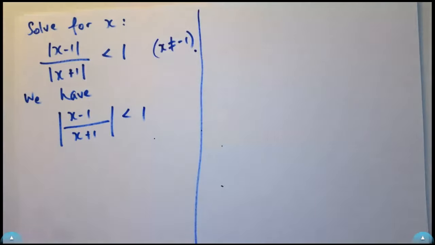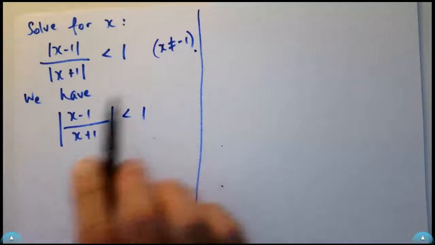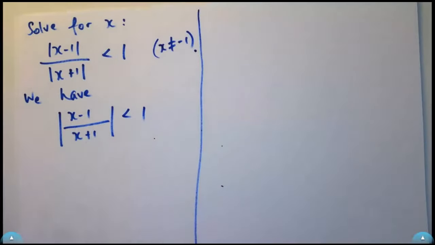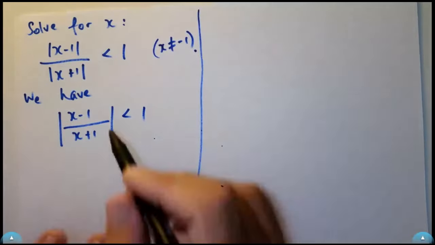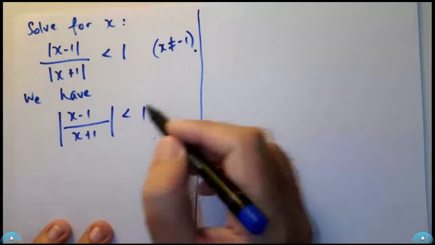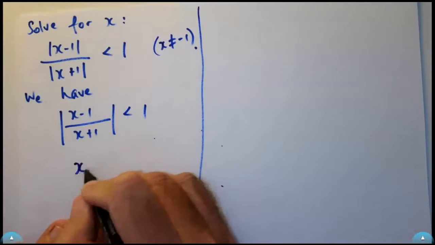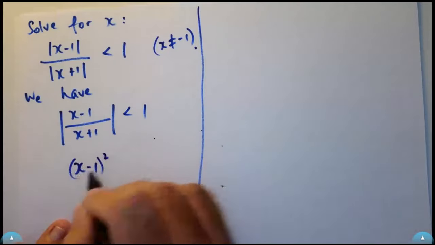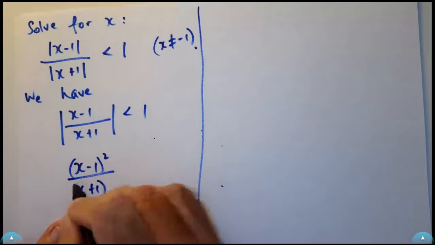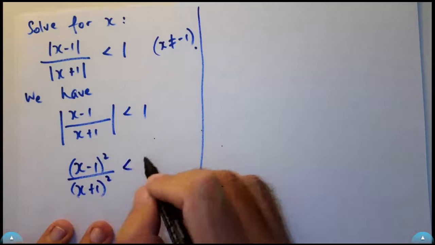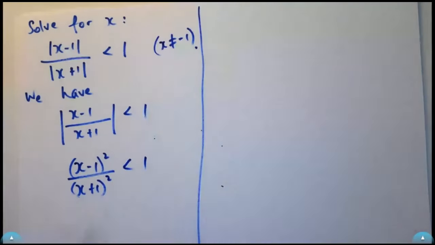Now I'll talk about absolute values in a minute if you're not too sure. What you can do is just square both sides, right? So if I square the left-hand side and the right-hand side, because this is positive, I can keep the same inequality. So I've squared the left-hand side, I've squared the right-hand side, and I get something like this.